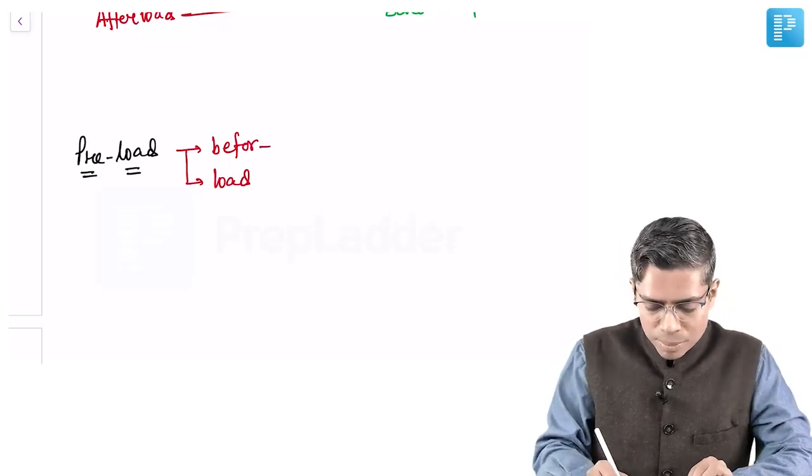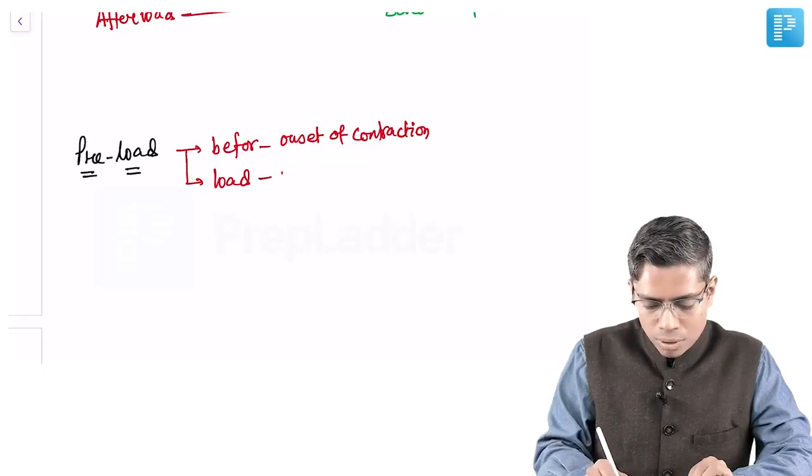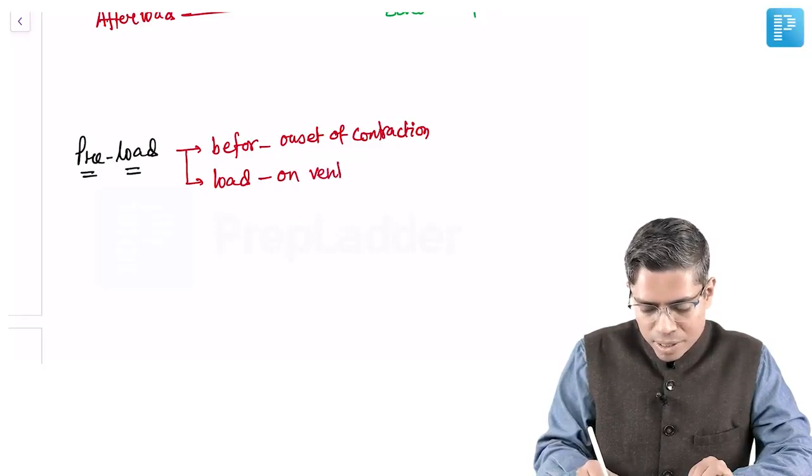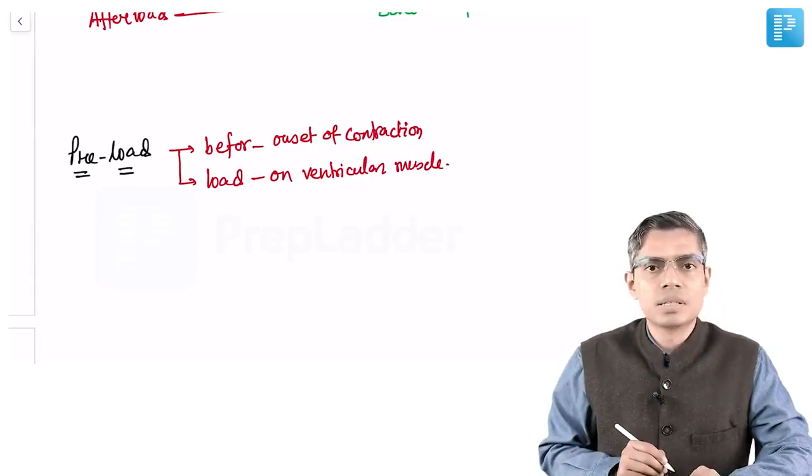So before means before onset of contraction, the load on ventricular muscles before the onset of contraction is known as preload.